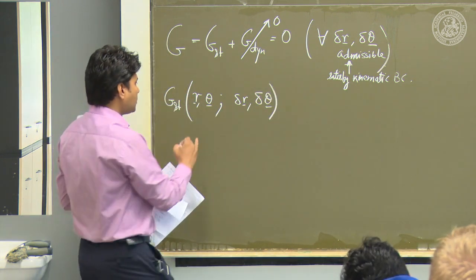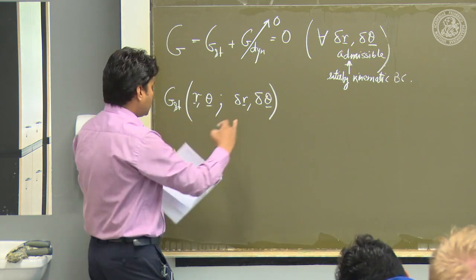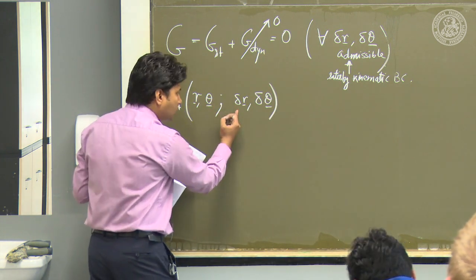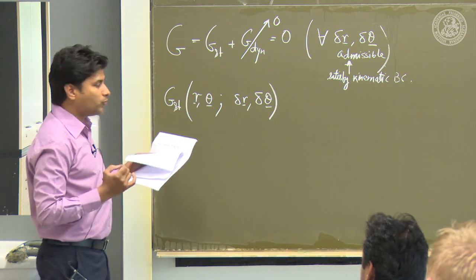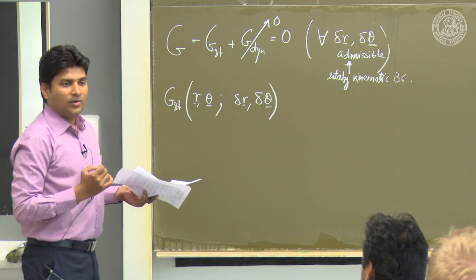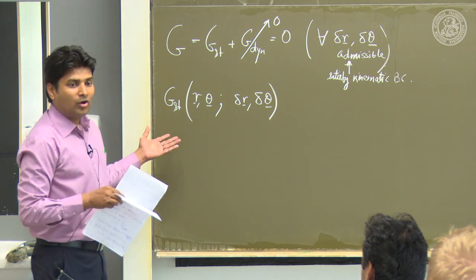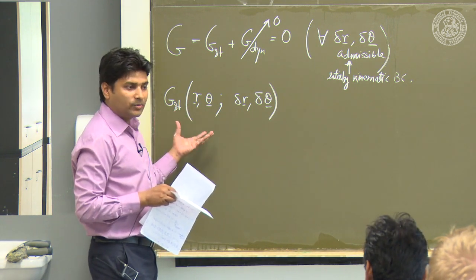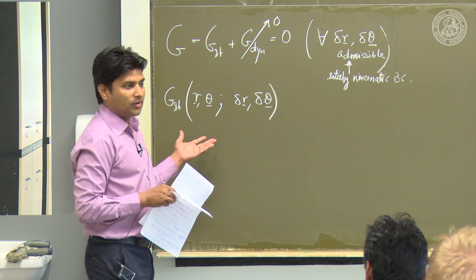So, we want to find out little r and little theta, so that G static is equal to 0 for all del r and del theta. So, that is the question we have to solve for, but sadly this weak form is non-linear in little r and little theta. So, it becomes difficult, and therefore, we have to linearize the weak form. Okay.